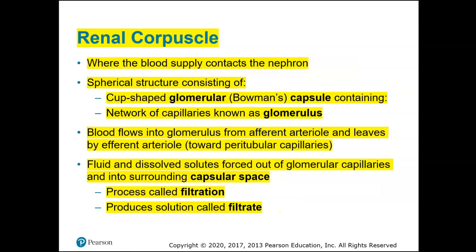Almost everything is filtered out of the blood except large particles such as the red blood cells, white blood cells, and platelets, and large proteins. But almost everything else is filtered out and collected in the Bowman's capsule.